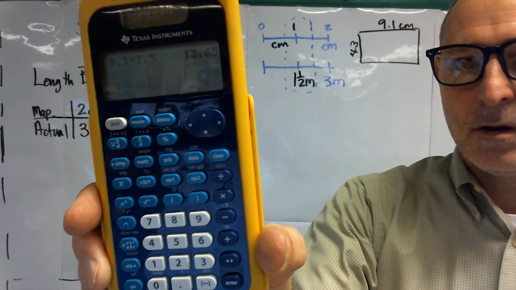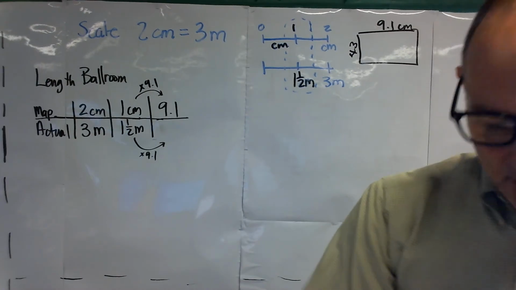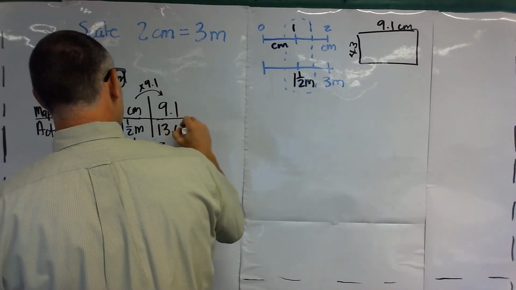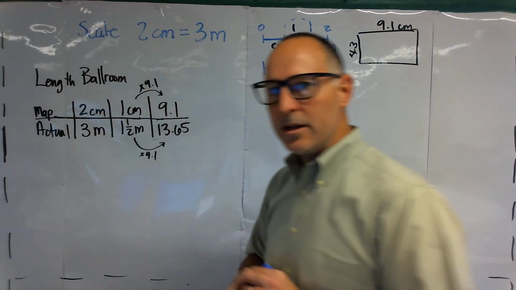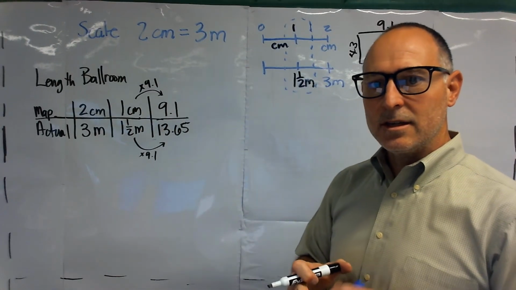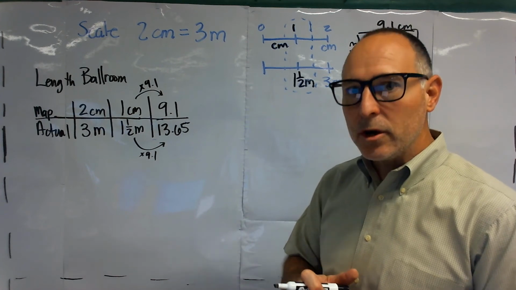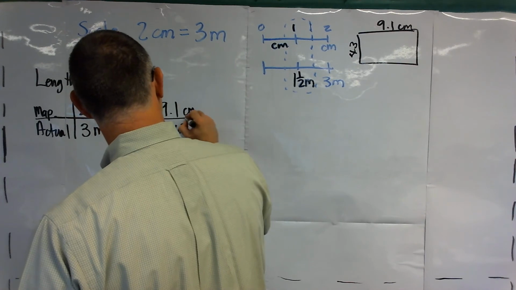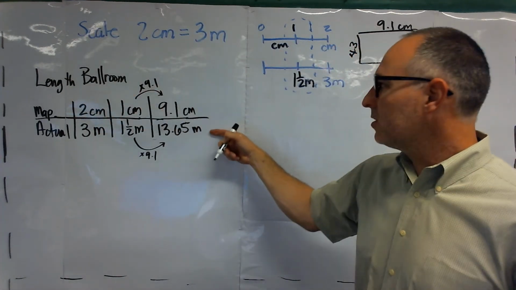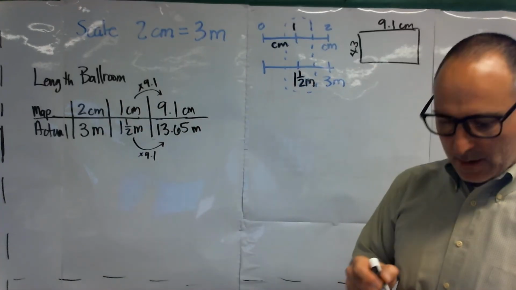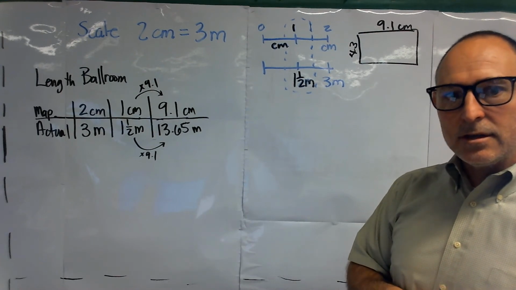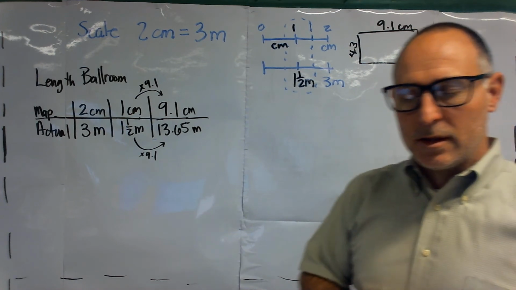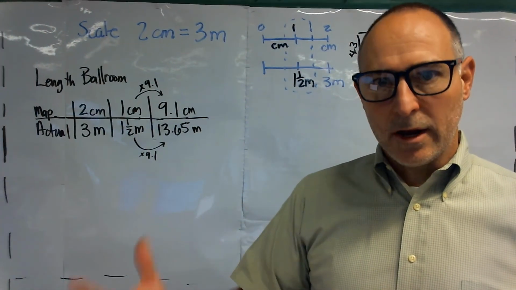Enter. 13 65 hundredths. Right? So that's 13 65 hundredths meters. Right? So there's my centimeters because my units stay the same along the top, and there's my meters, the units are on the bottom. Right? That is the first part of the assignment for scale drawing.